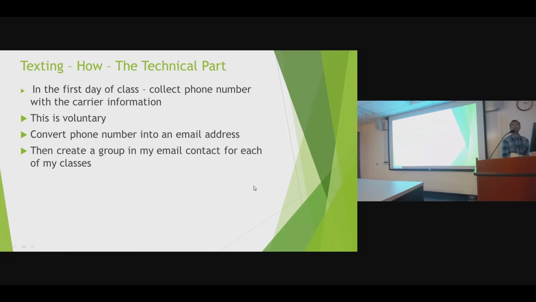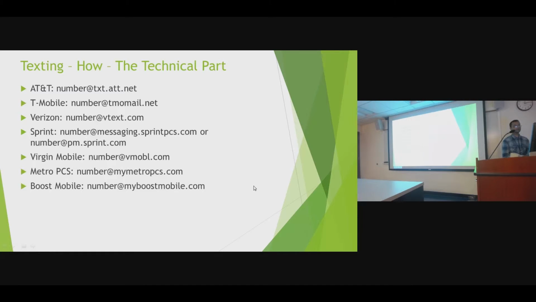Everybody can hear me clearly? Okay. So for each carrier, there is a unique address for converting a phone number to an email. For example, for AT&T, you have the number, and then you put @txt.att.net. You can easily get this on the website, or I can give it to you.